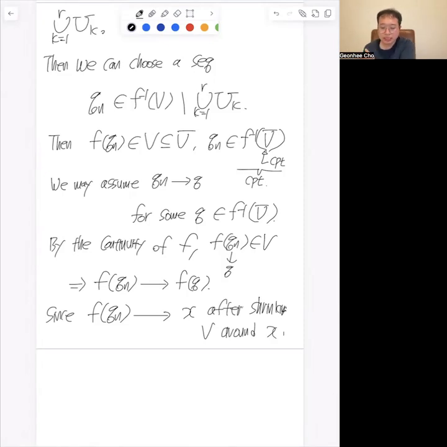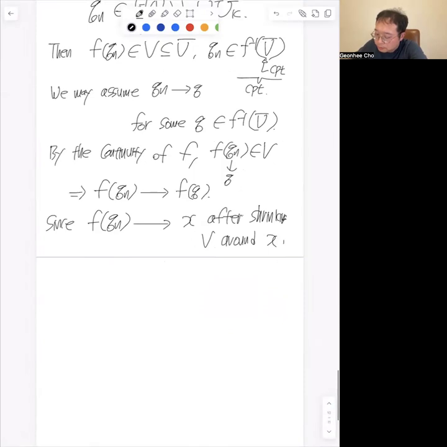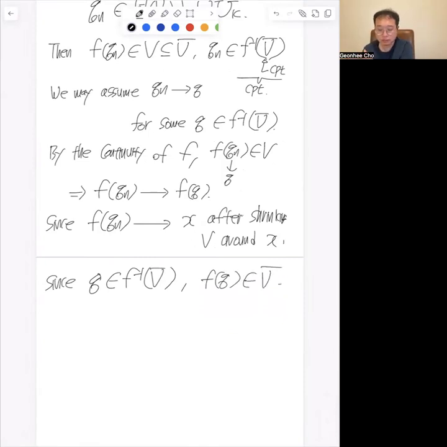So what we are saying is the following. All points of f of q sub n lie in the same arbitrarily small neighborhood V of x. Then we also know this point Q belongs to F inverse of the V closure. So it follows that F of Q belongs to V closure.